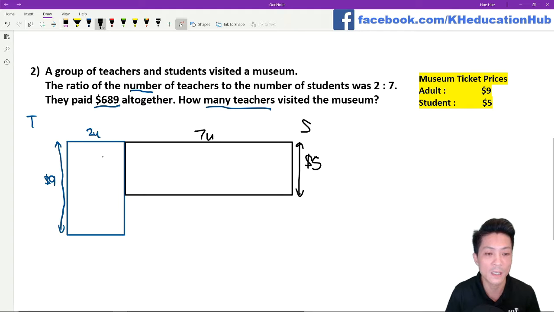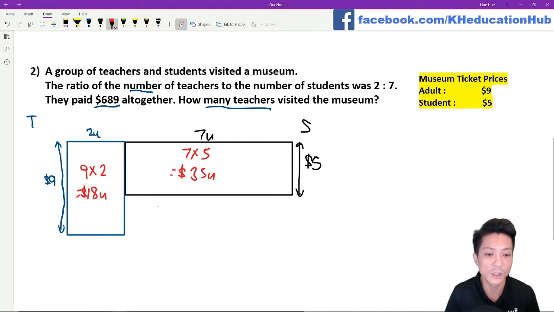Now altogether they paid $689, so we know that the two areas are going to add up to become $689. We know that the area of this blue color box will be 9 times 2, which is $18 unit, and this would be 7 times 5, which is $35 unit.